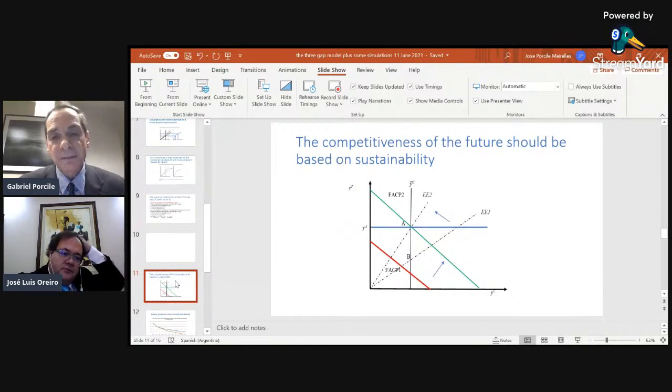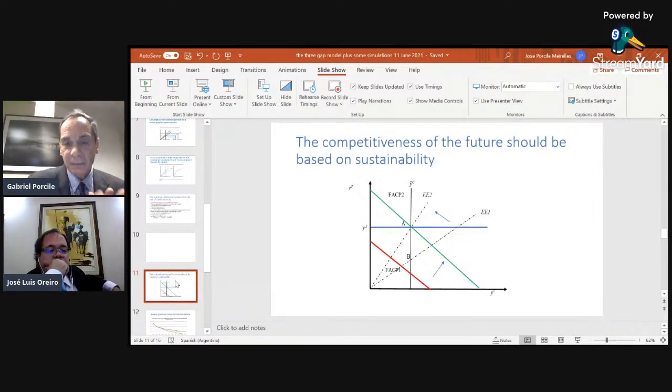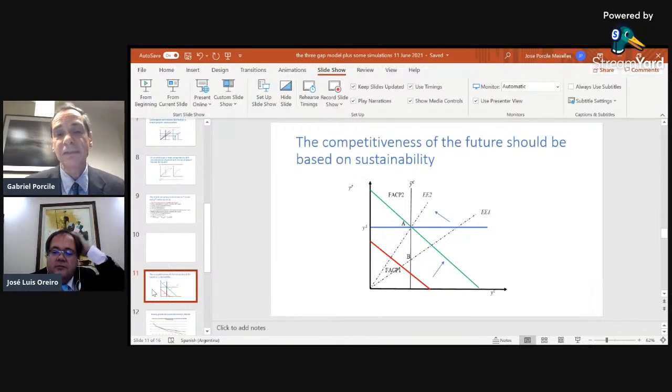And this rate of growth in point A, consistent with external equilibrium and with the environmental frontier, is at the same time the rate of growth necessary for social equilibrium.